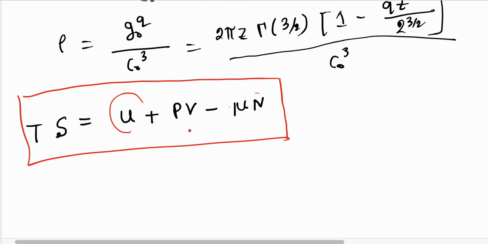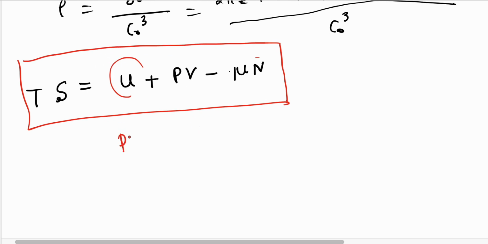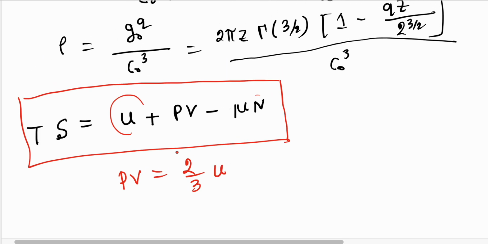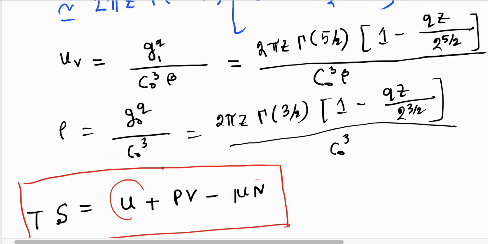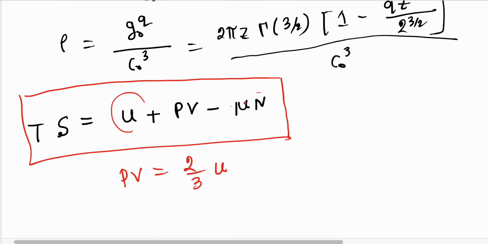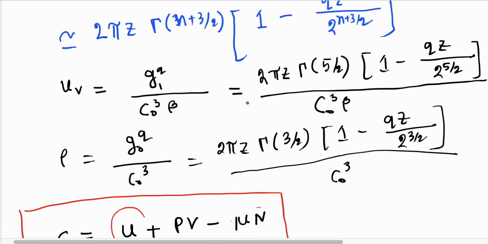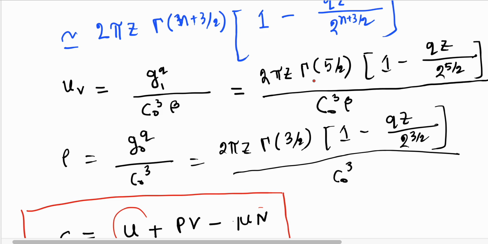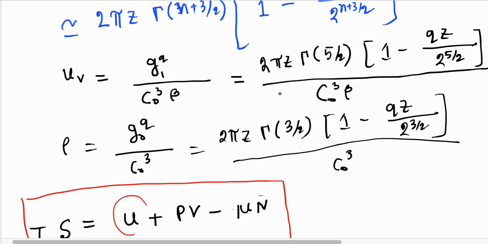And since we know that PV is actually 2/3 U, we also know the leading order correction of PV. And we actually don't know the value of mu. So to calculate the value of mu, we will calculate it from here.